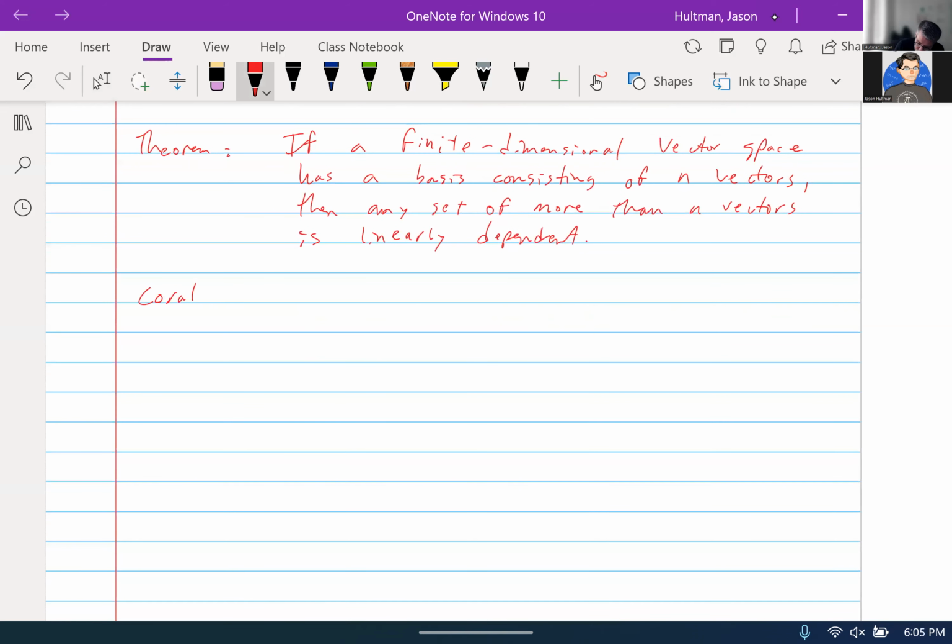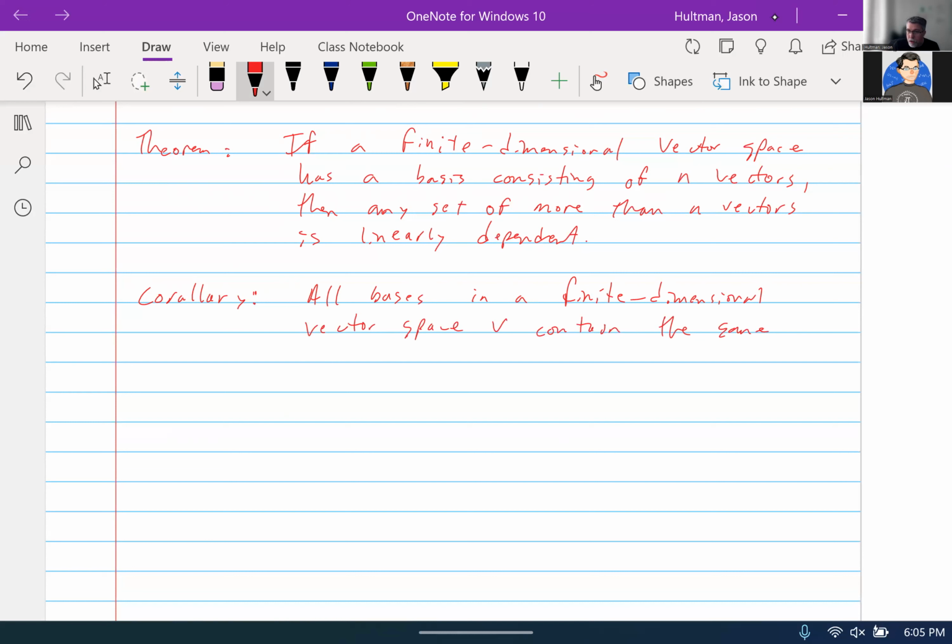The corollary to this: all bases in a finite dimensional vector space V contain the same number of vectors.